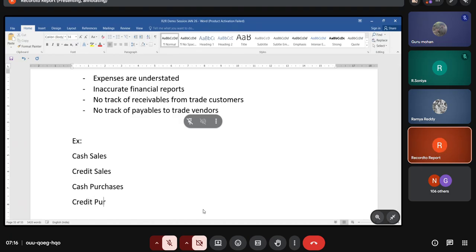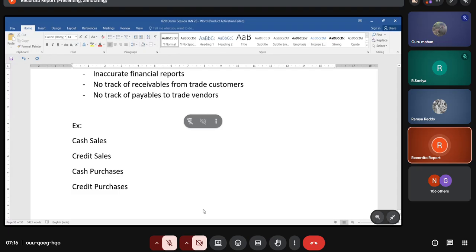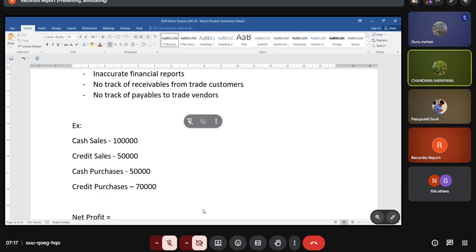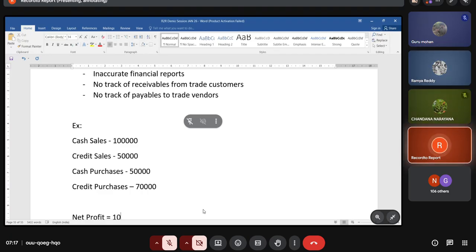Assume the company has made cash sales of 1 lakh rupees, credit sales of 50,000, cash purchases of 50,000 and credit purchases of 70,000. According to the cash basis of accounting, what is the net profit? 50,000. We consider only cash purchases and cash sales.